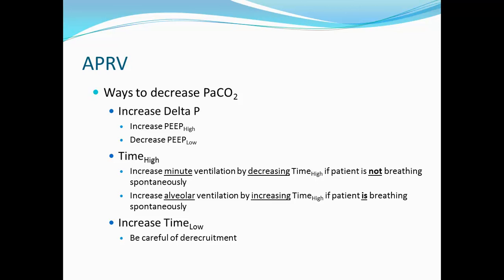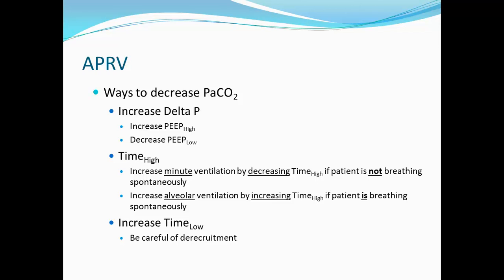If the patient is not breathing spontaneously, so this is a patient that's heavily sedated, anesthetized, or paralyzed, we can increase the minute ventilation by decreasing time high. That will allow more releases, which will increase the minute ventilation, and it should decrease the CO2.